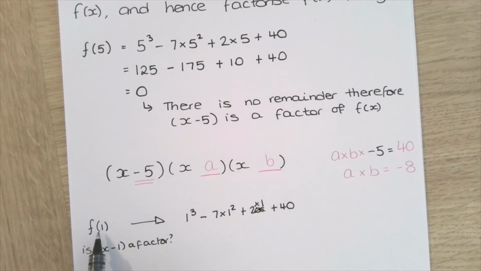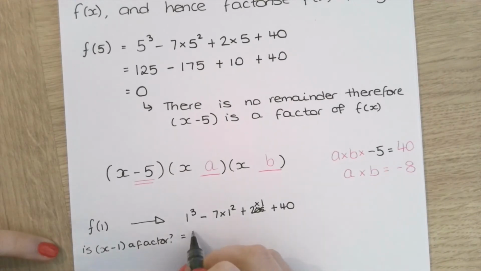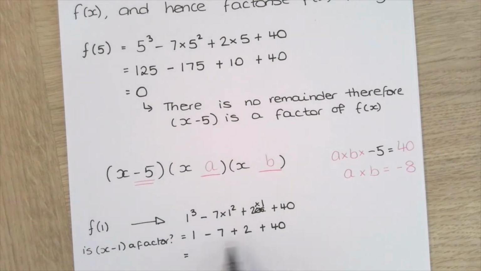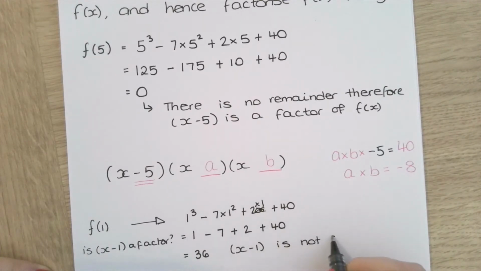I'm always going to start with f of 1 because it is the easiest one to work with. This gets me 1 minus 7 plus 2 plus 40. So actually I've got 43 minus 7, which gets me 36. x minus 1 is not a factor.